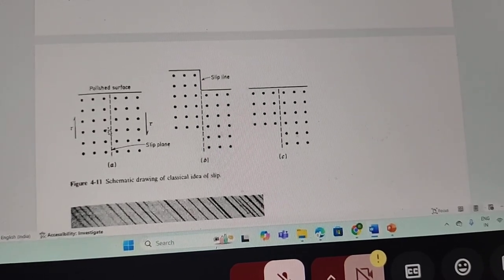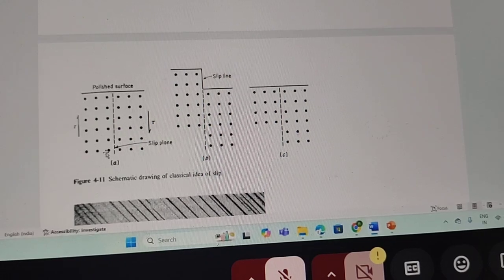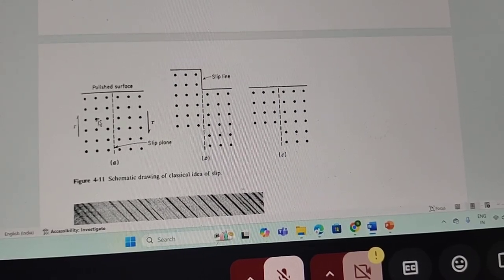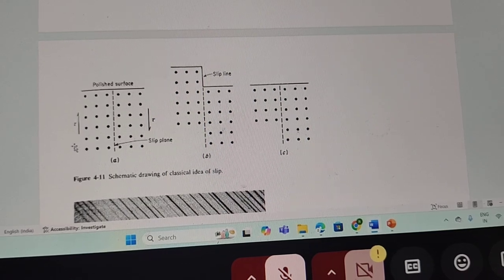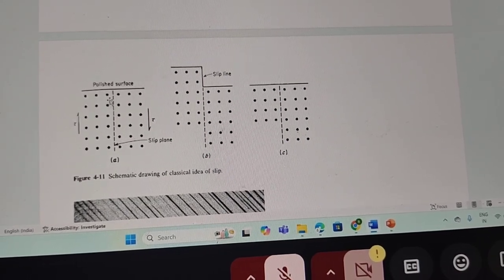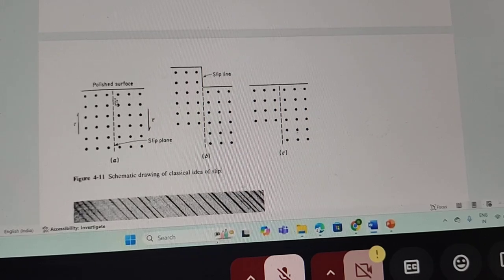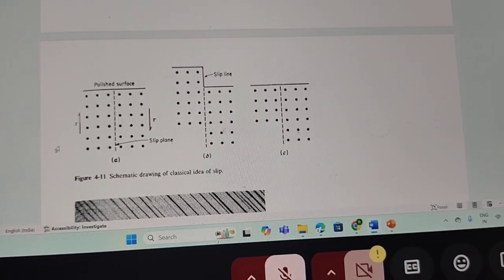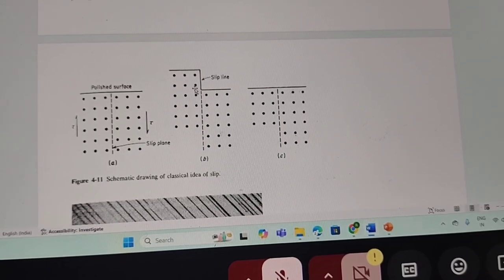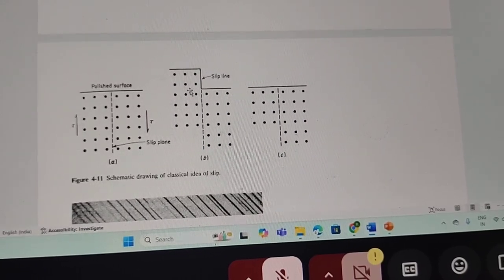So along that slip plane, if you apply a shear stress in the crystal, this is moving along this. So first the atomic arrangement was like this. And the next part, because you have applied the shear stress, these planes have moved two distances along this direction with respect to this plane.